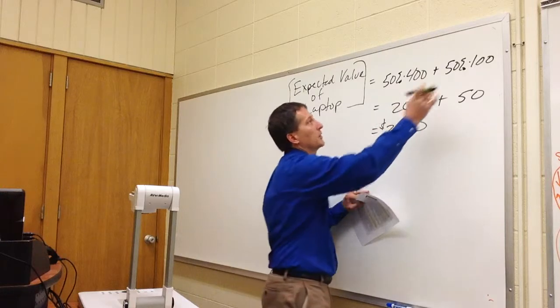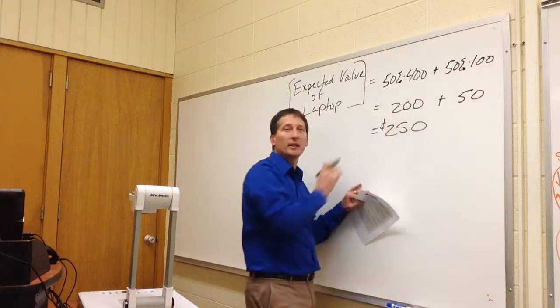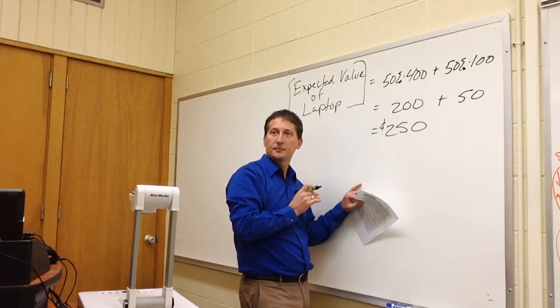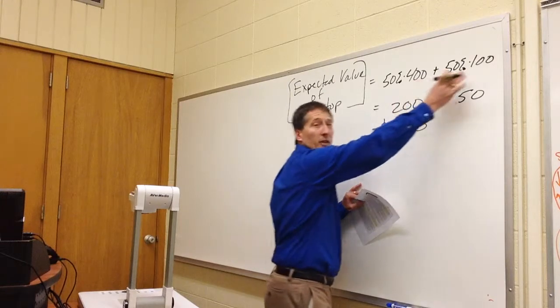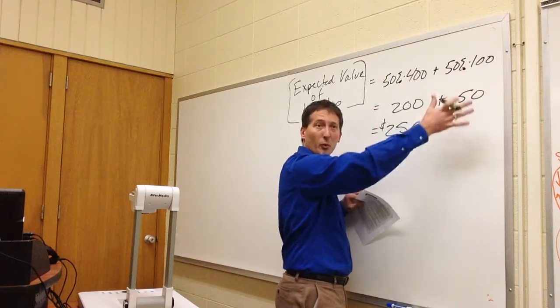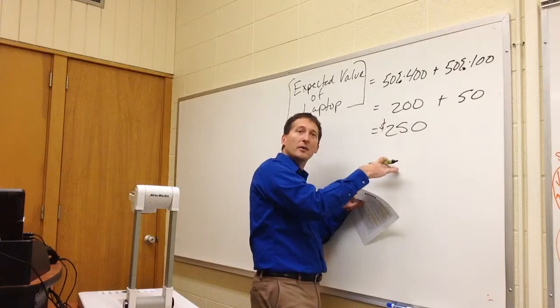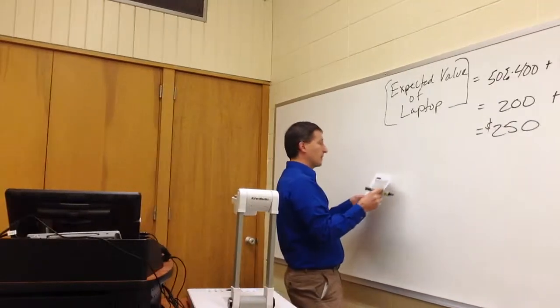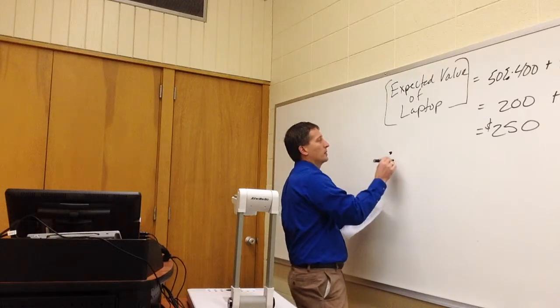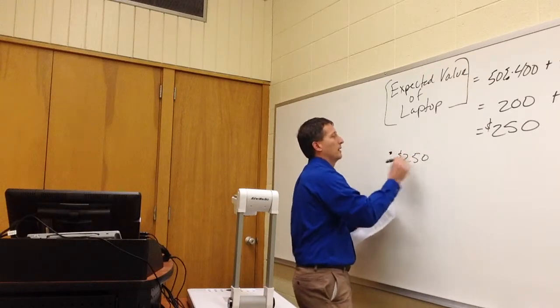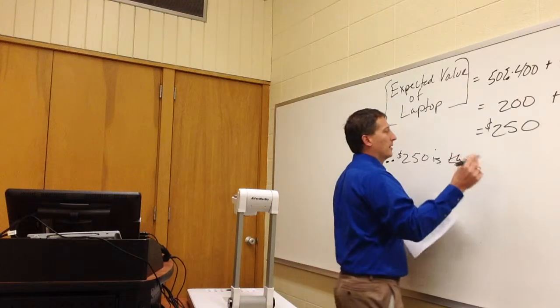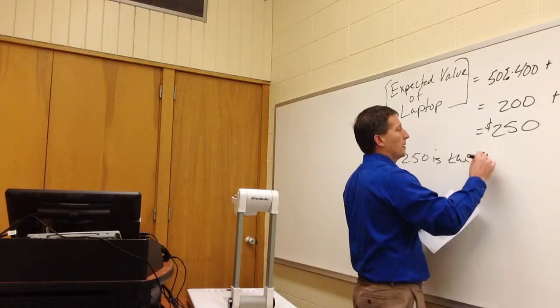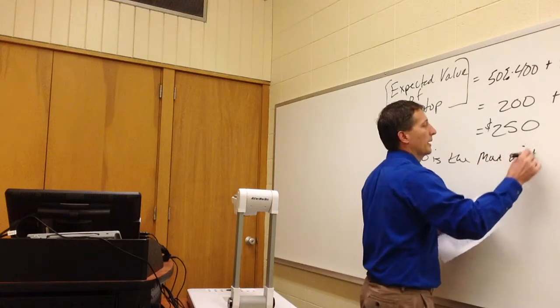Would you put more weight over here or more weight over here? More weight over here, right? So you just change your weighting, which would bring this down to what you need it to be. All right, so therefore, 250 is the maximum willingness to pay.